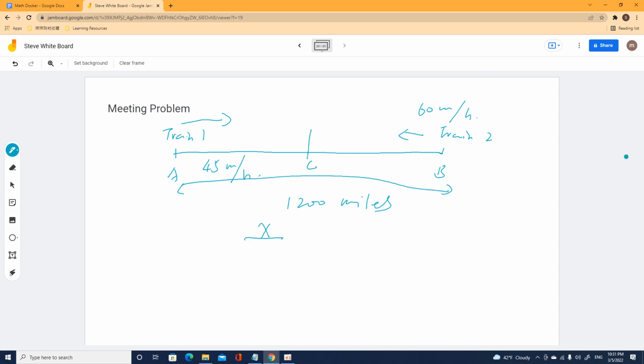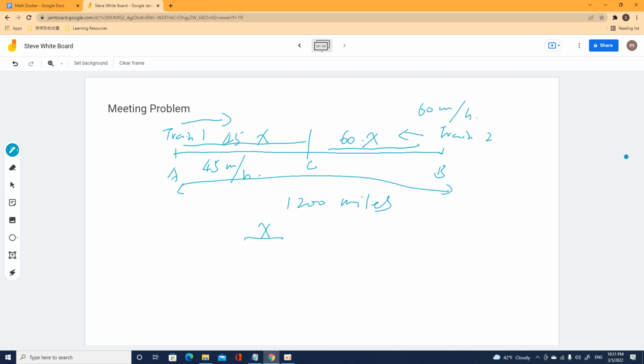So in X hours, the distance train 1 moves is 45 multiplied by X, and the distance train 2 moves is 60 multiplied by X. Those two distances added together should equal the total distance.